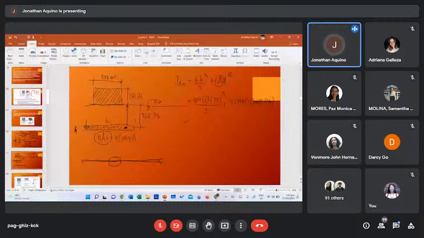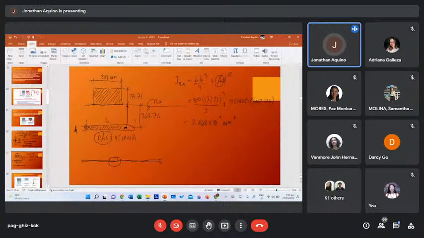So this will give 2.868 times 10 to the 9 millimeter to the fourth. Okay.